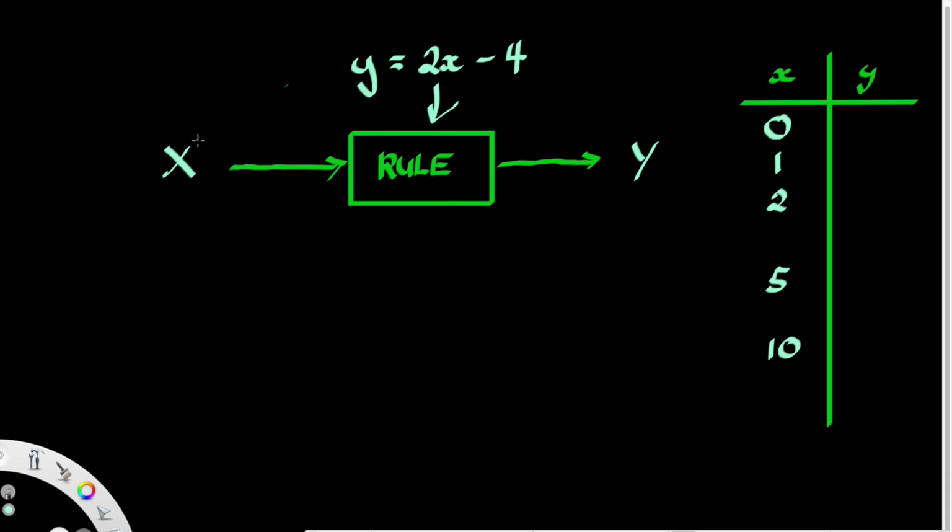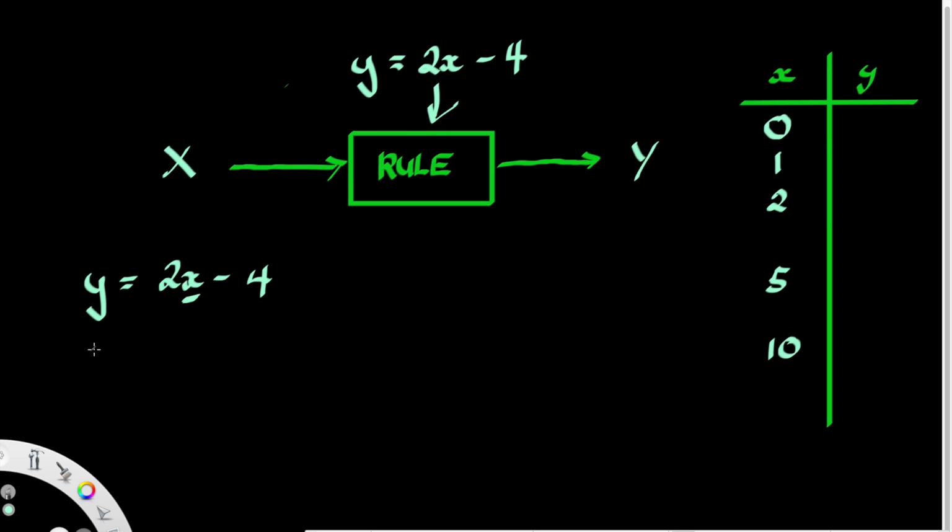In order to work out the corresponding y value for each x value, we simply write down our rule, which is y equals 2x minus 4, but we now substitute the value of x for the number we're plugging in, and in this case it's 0.